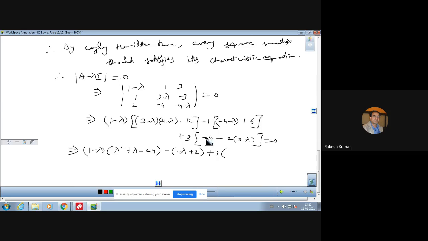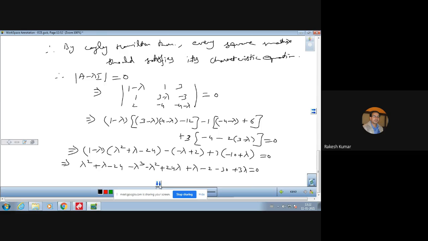This comes out to be minus 4 minus 6, minus 10 plus lambda is equal to 0. Take it inside: lambda square plus lambda minus 24 minus lambda cube minus lambda square plus 24 lambda, plus lambda minus 2 minus 30 plus 3 lambda is equal to 0.